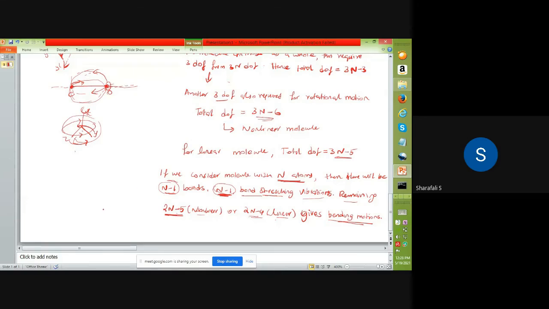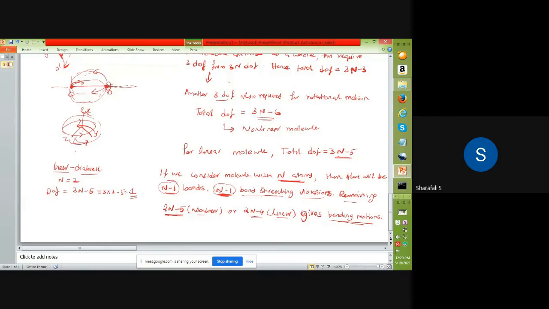Before that, for example, consider a linear molecule like carbon monoxide, a linear diatomic molecule. For a diatomic molecule, n is equal to 2. For the linear case, the degrees of freedom will be 3n minus 5, which is 3 into 2 minus 5, equal to 1.